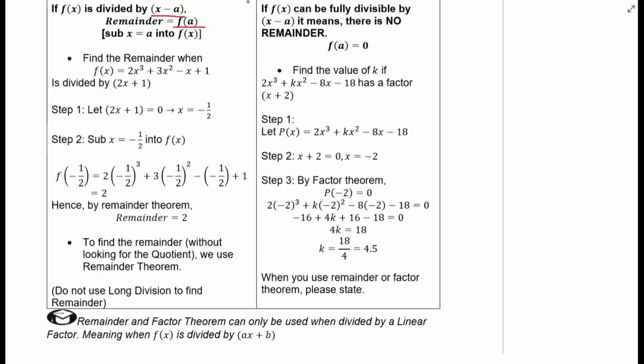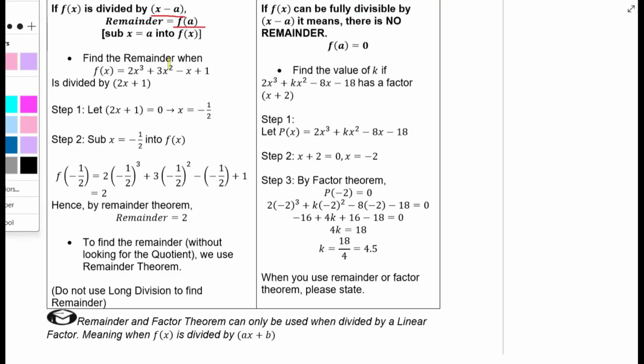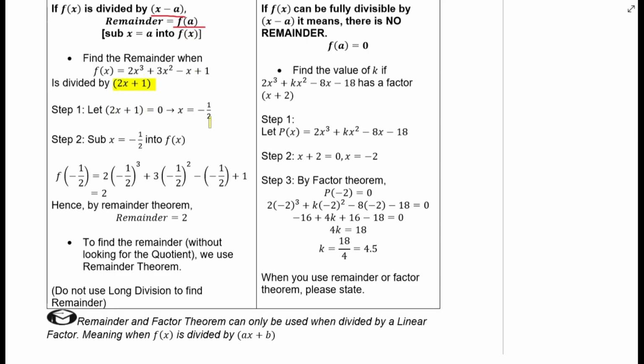So now let's go through the steps that we will need to use when we use the remainder theorem. Firstly, let's see this example where f(x) equals 2x cubed plus 3x squared minus x plus 1 is divided by 2x plus 1. Step 1, let your divisor equal to 0. And then you shift the 1 over and divide by 2, you'll get x equals to negative half.